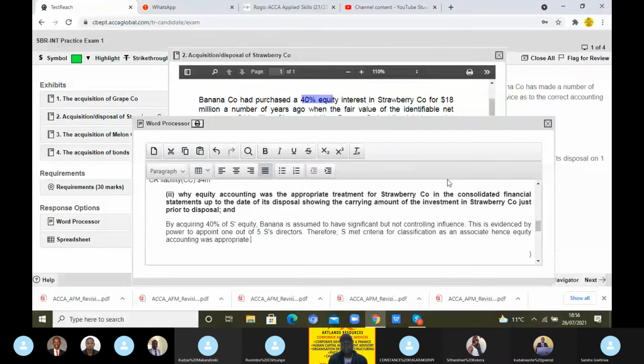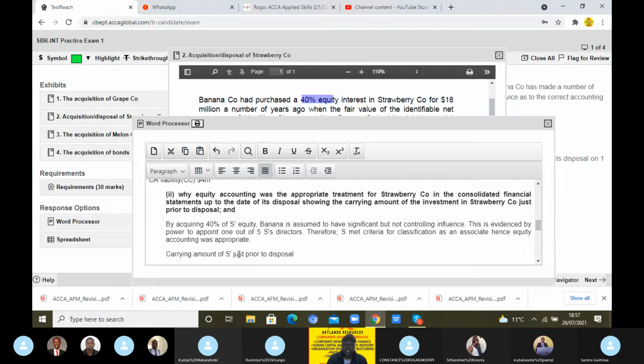Okay. Now the question says, and up to the date of disposal. And then they're saying, showing carrying amount just prior to disposal. So you then say, carrying amount of Strawberry, S, just prior to disposal.